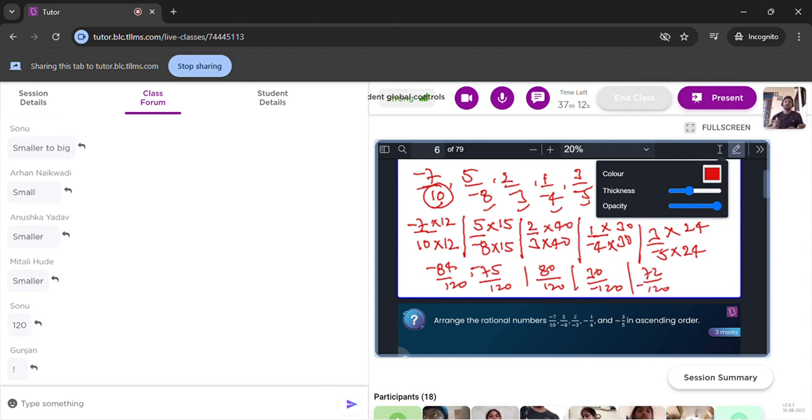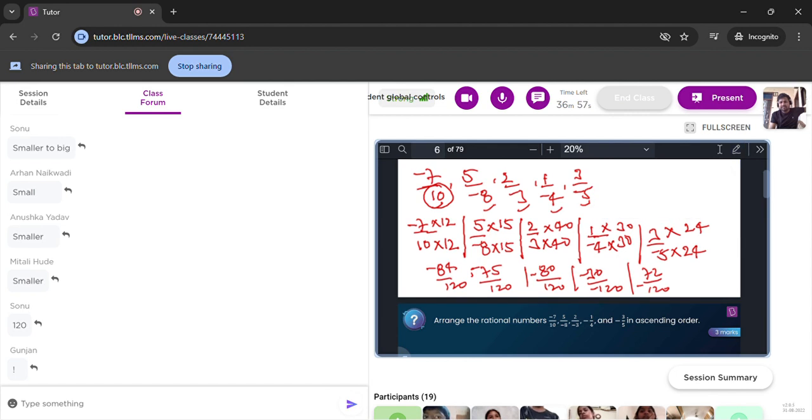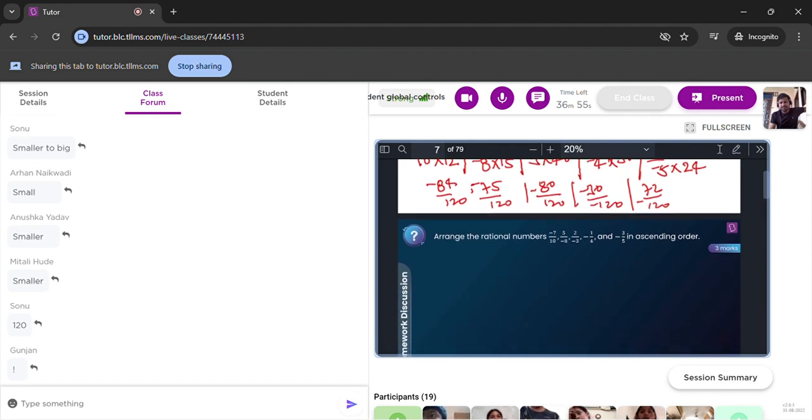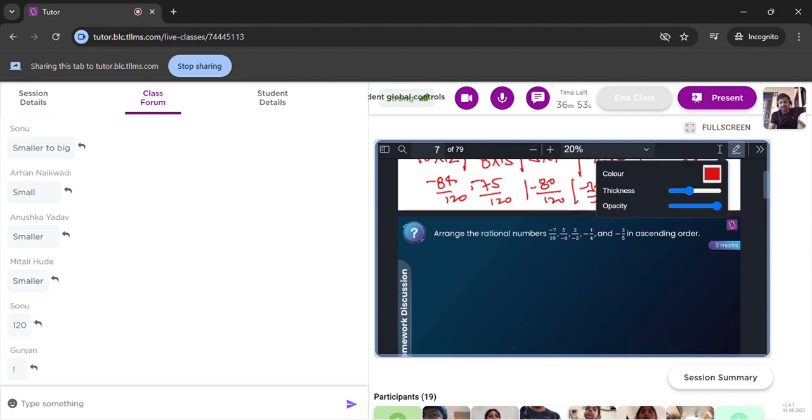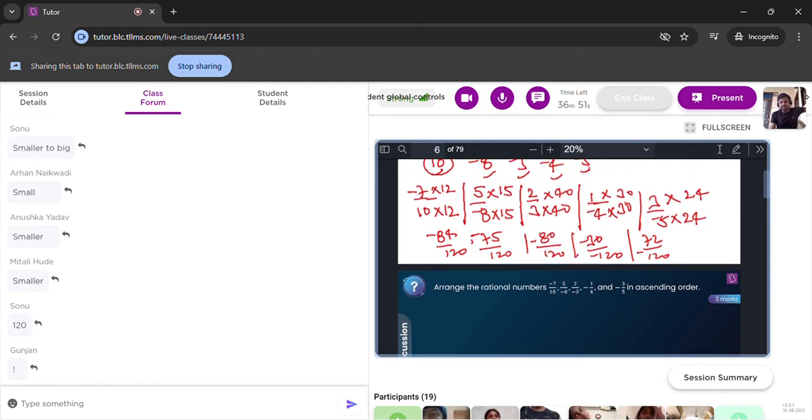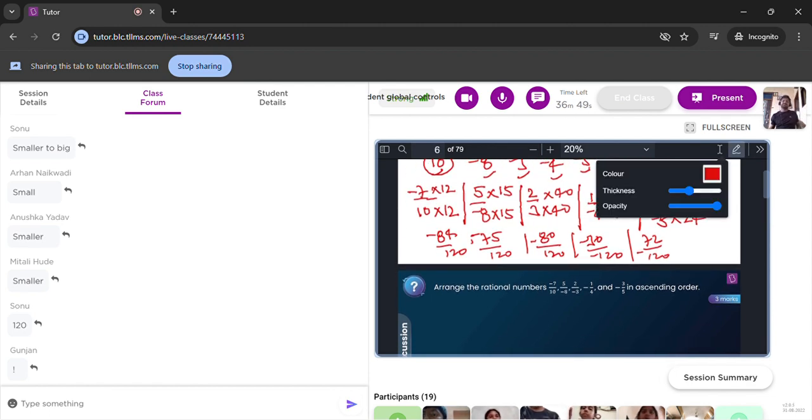And before each number there is a sign of minus. Okay, is it clear? So all are negative numbers. Now we have to arrange them in this way. If all numbers are negative, which one is the smaller one? Which one is the smallest among all?